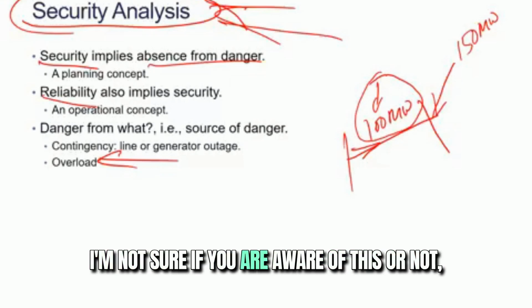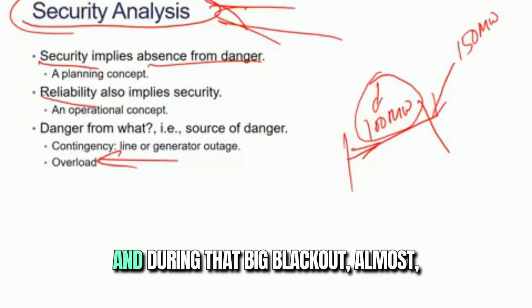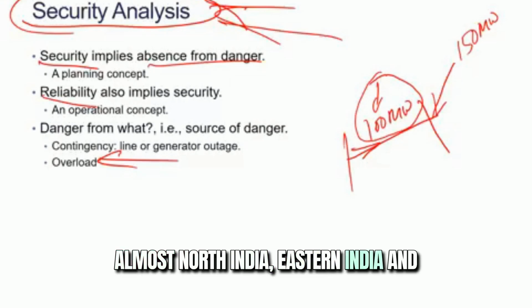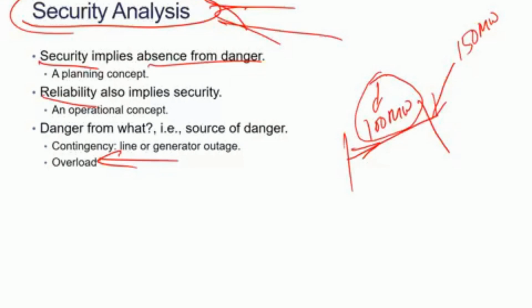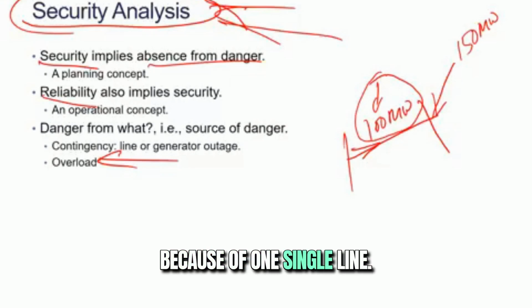I'm not sure if you are aware of this, but in India there was a big blackout in 2012, and during that blackout, almost North India, Eastern India, and Western India had a complete blackout, just because of one single line.